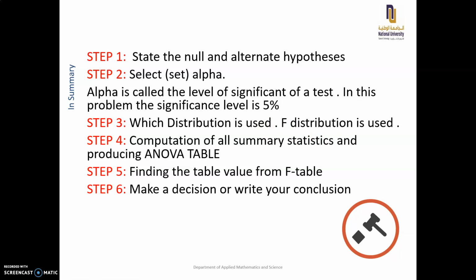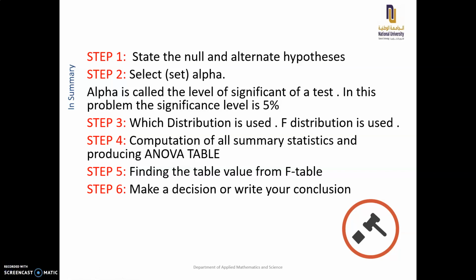Then we compute the sum of square between and sum of square within. We fill the ANOVA table. From the ANOVA table, we can see the F calculated, and we compare it with the F table. Then we make the decision whether we reject the null hypothesis or we accept it. That's all for one-way ANOVA. Next video, I'll talk to you about two-way ANOVA.